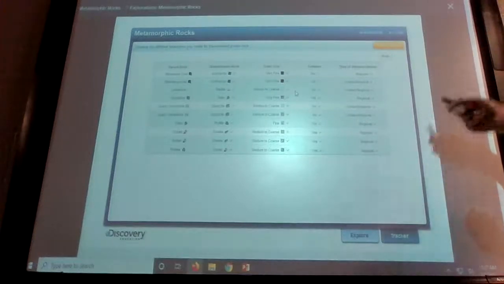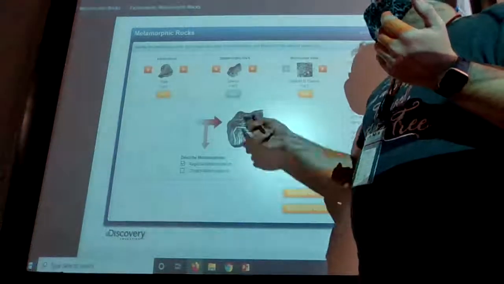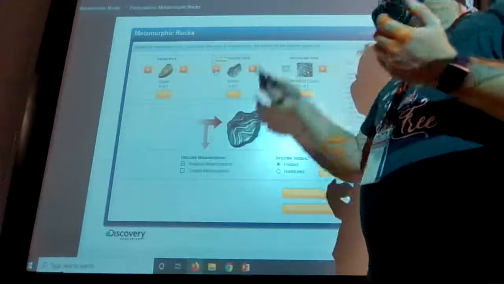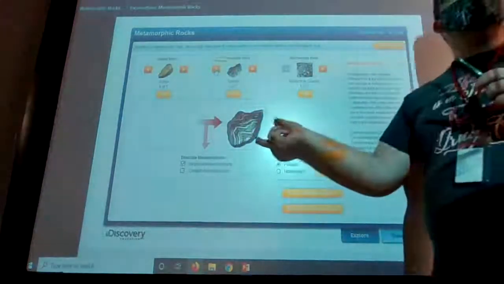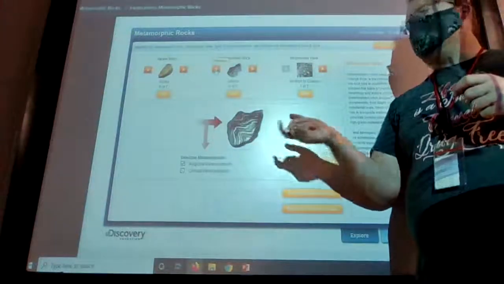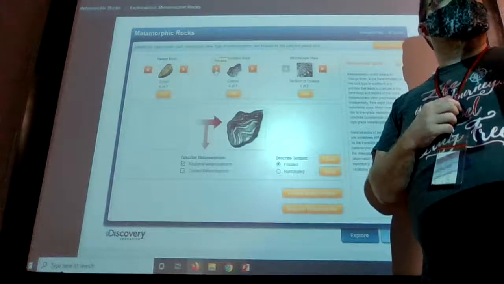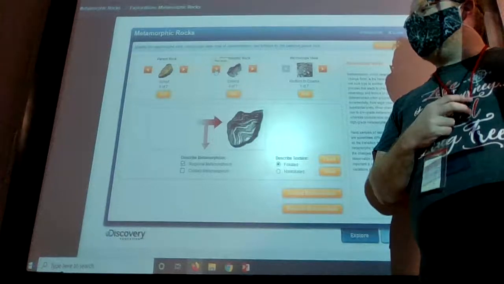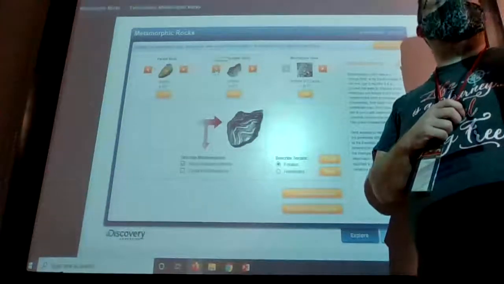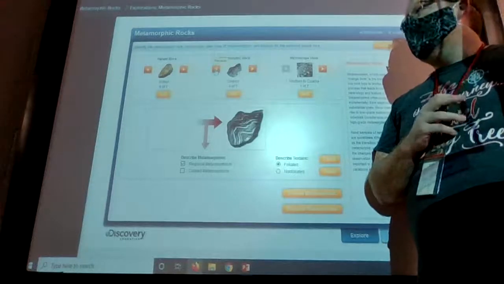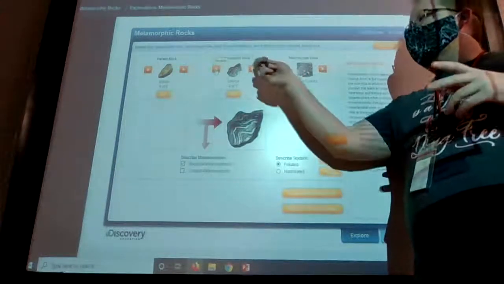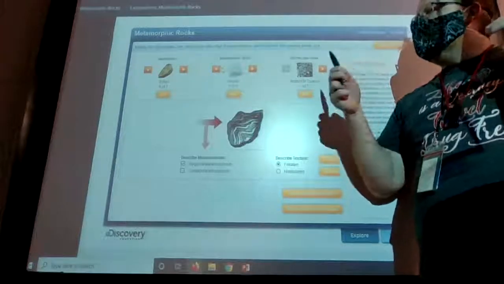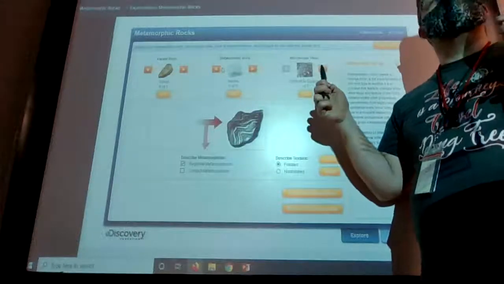So minerals that we have in these rocks. Let's go back to explore. And these are the metamorphic rocks. So gneiss is going to have quartz, feldspar, and what else? Let's say micas. Quartz, feldspar, micas. There's a rock in here that has calcium carbonate.